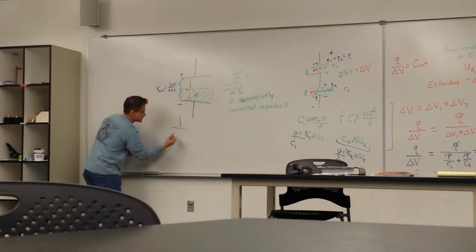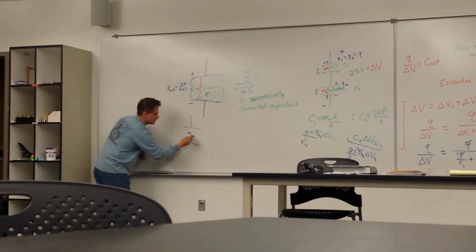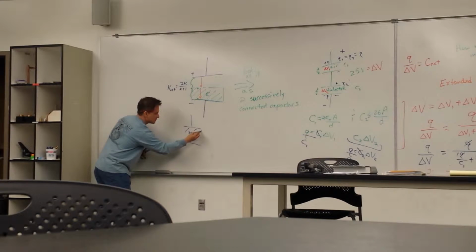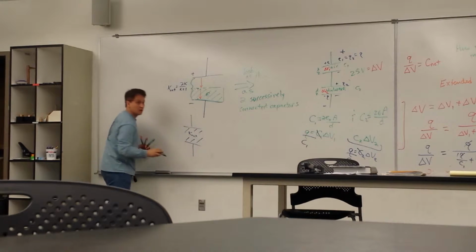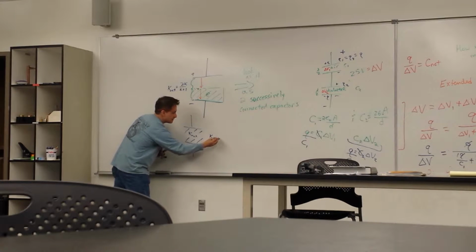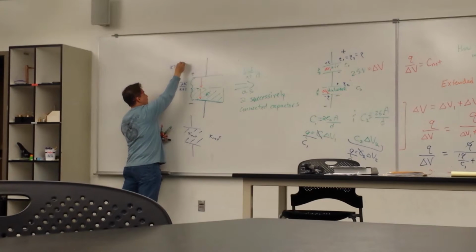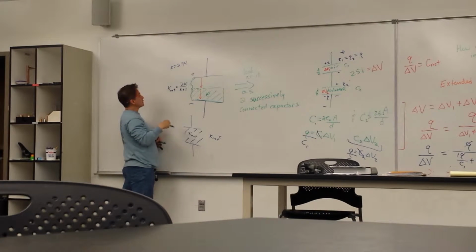Which means we could treat this thing as a single kappa net capacitor, where for our case, kappa was 2.94. Is that right? That was the dielectric.